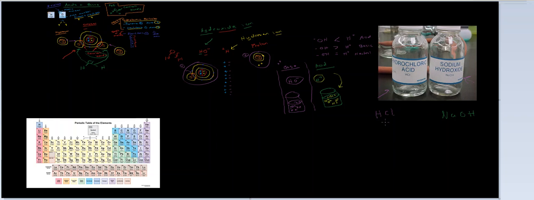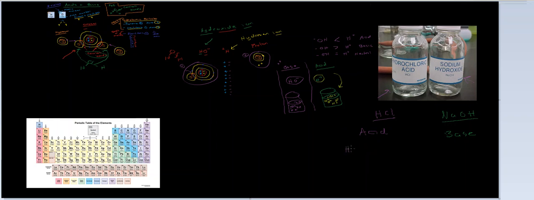So the one on the left, HCl, is an acid, and the one on the right, NaOH, is a base. Hydrochloric acid is the acid that's actually in your stomach, that your stomach uses to digest food.